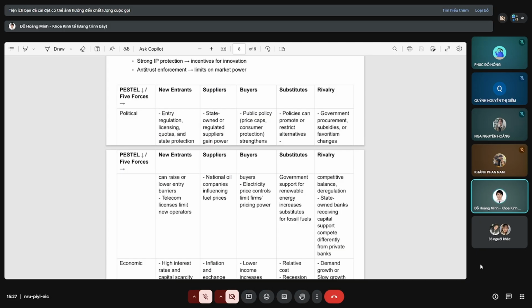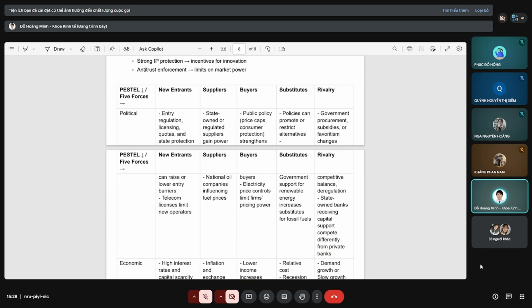A state-owned bank or state-owned firm can receive a bailout and compete unfairly with the private firm, right? And for example, you can see Vietnam Airlines in Vietnam. They maybe have some privileged rights from the government. Sometimes subsidized.